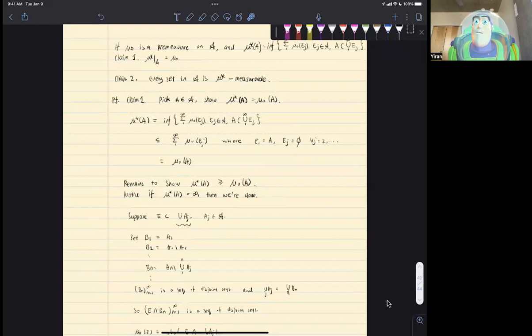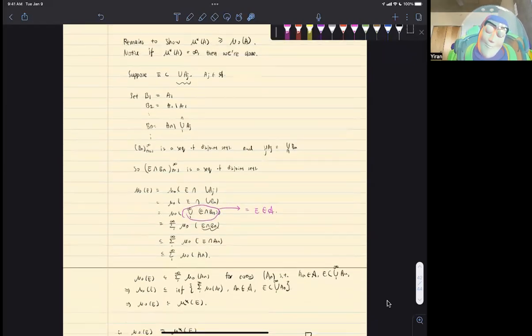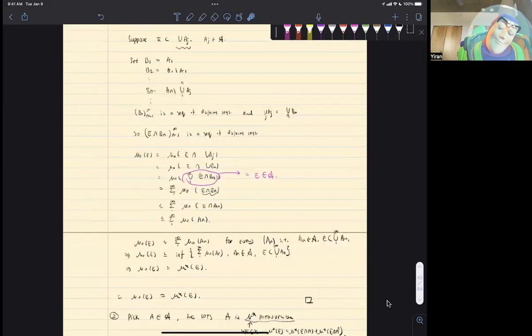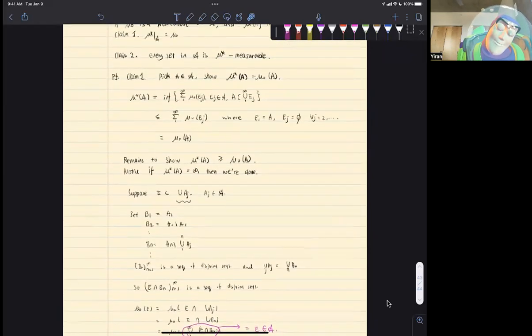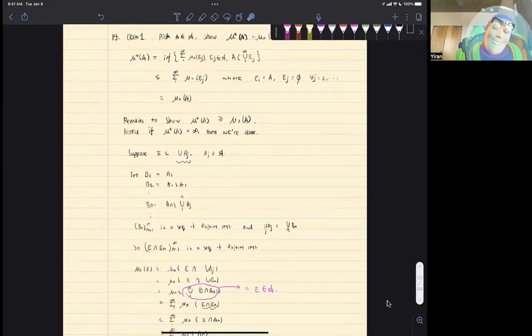And what is mu star of A? I'm looking backwards, basically. Sorry, here I use a different notation.